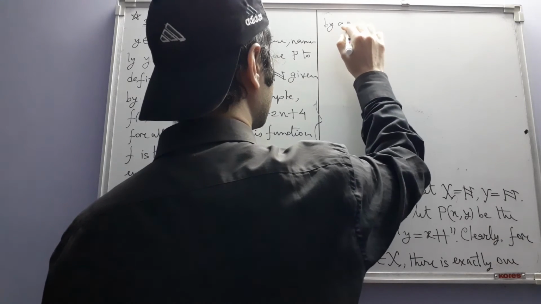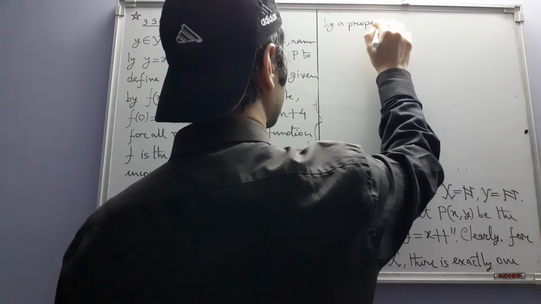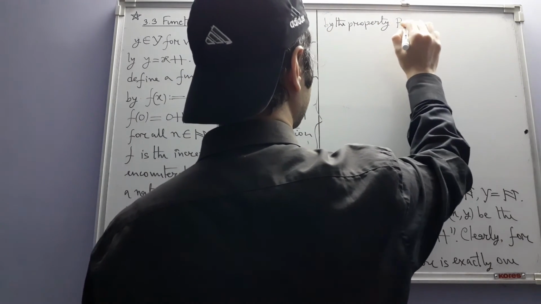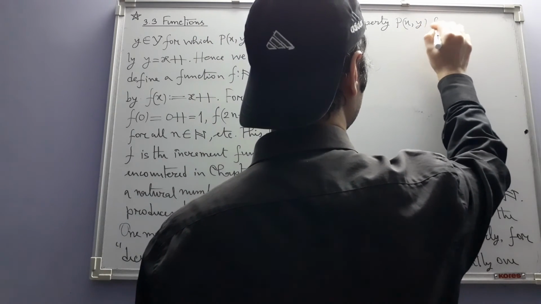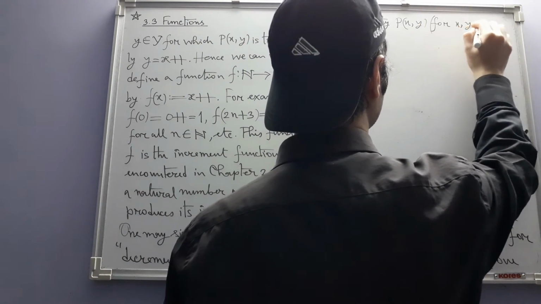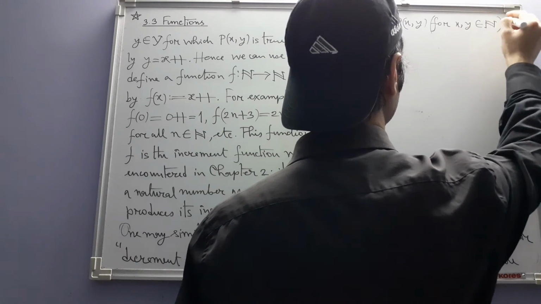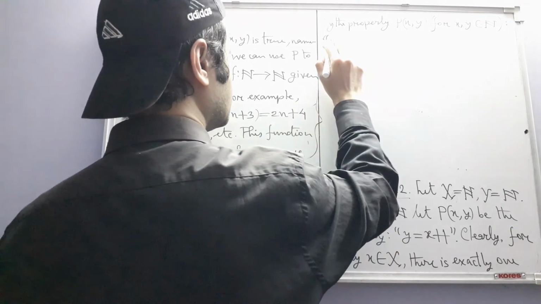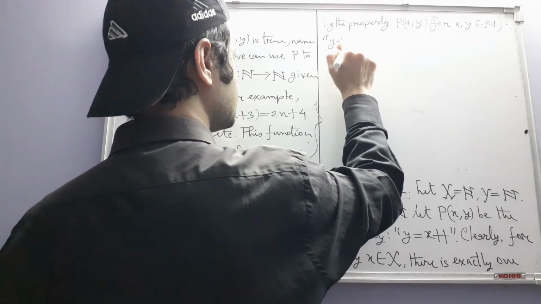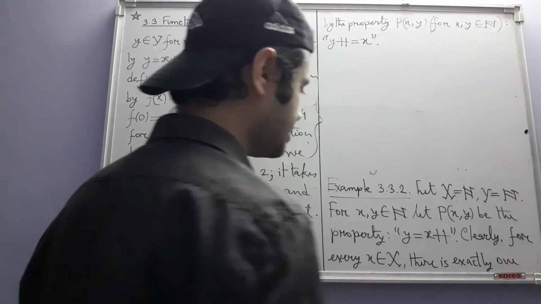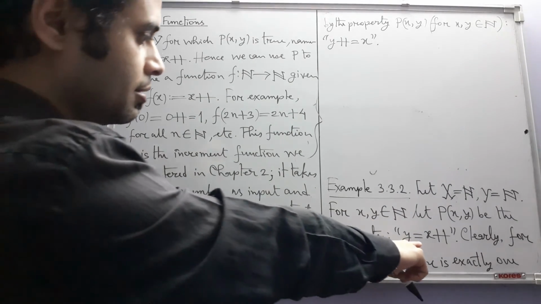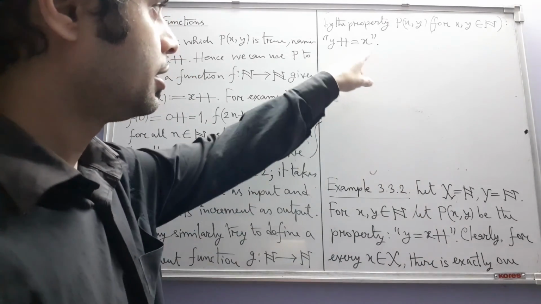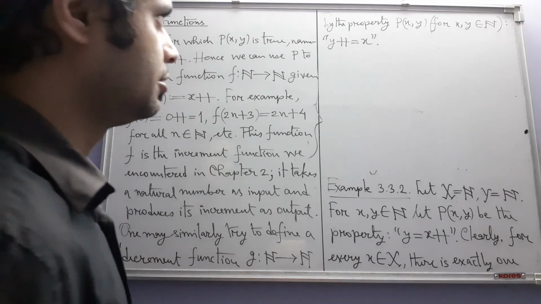By the property P(x, y) for x and y belonging to N, of course, this property: y++ is equal to x. This is different from this one. Note the difference carefully. Here y is the increment of x. Here x is the increment of y. It's the opposite.